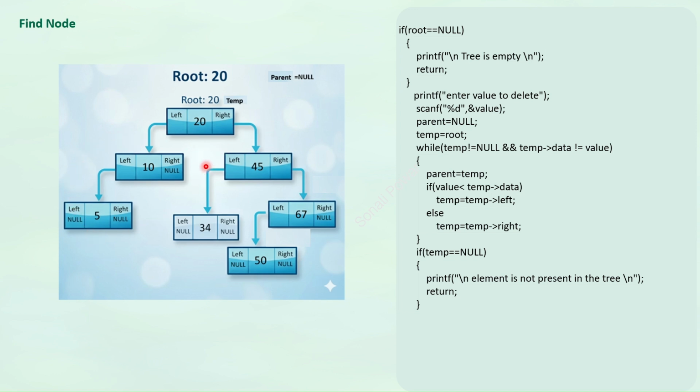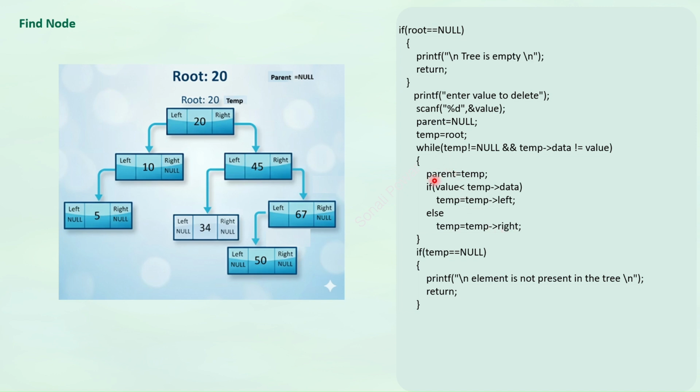And if it is greater, I will get that element on the right side. So if the value is smaller than temp data, then temp equals temp points to left. In this situation, 50 is greater than 20, so we enter the else part and move temp to the right side.